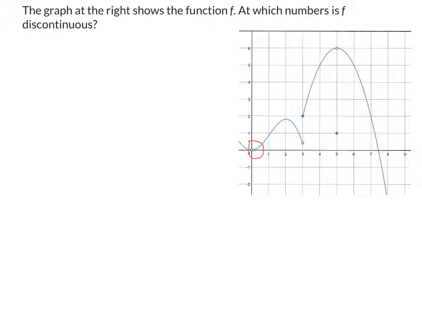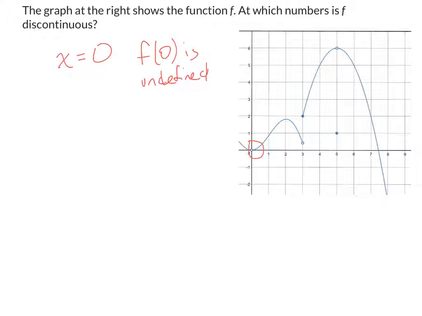I have an open circle at an x value of 0, and so we are discontinuous where x is 0 because f of 0 is undefined. So that's one place where we're discontinuous.